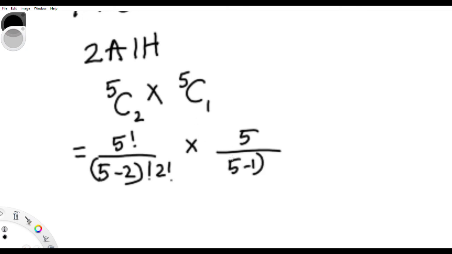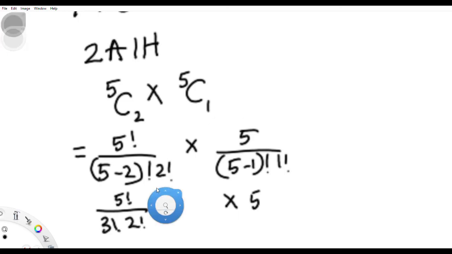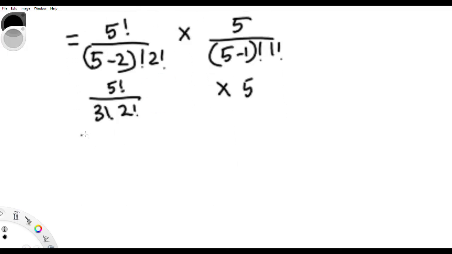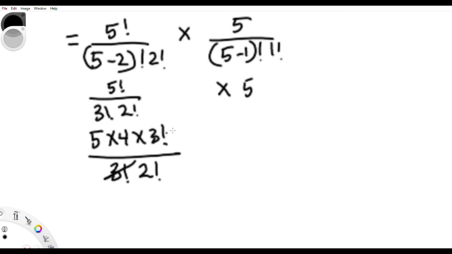So this one is 5 factorial over 3 factorial times 2 factorial, that is 5 times 4 times 3 factorial over 3 factorial times 2 factorial, and 3 factorial cancels 3 factorial.